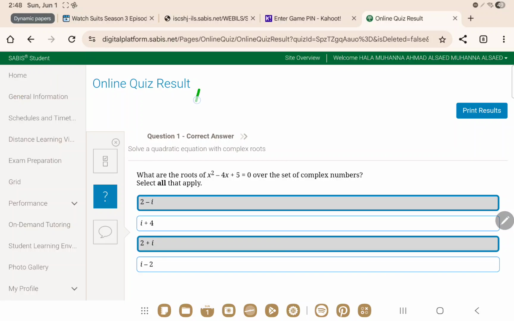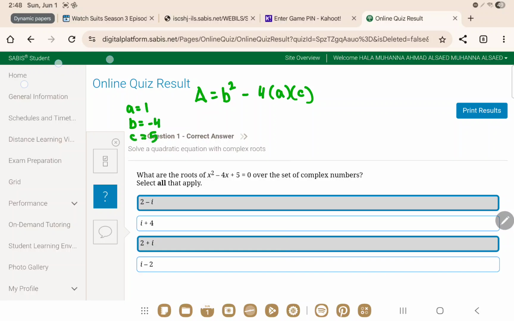First of all, you have to find delta. Delta equals b squared minus 4ac. Now, what's a? A is 1. B is -4. C is 5.